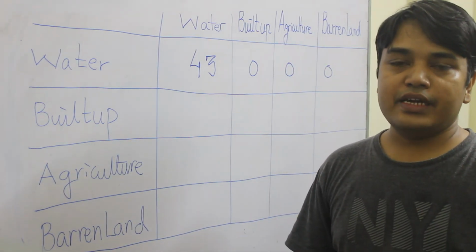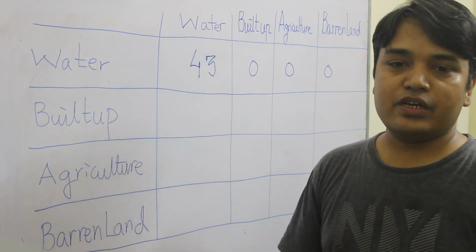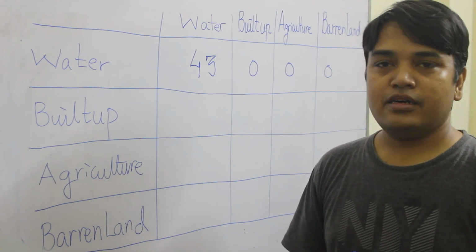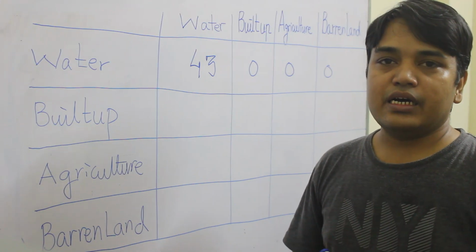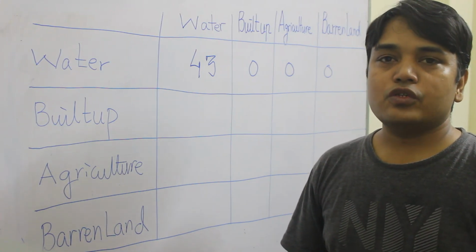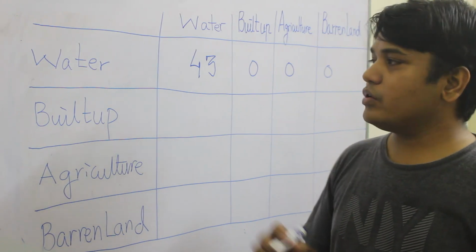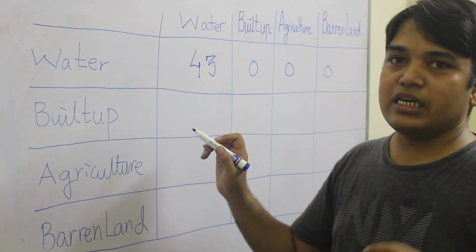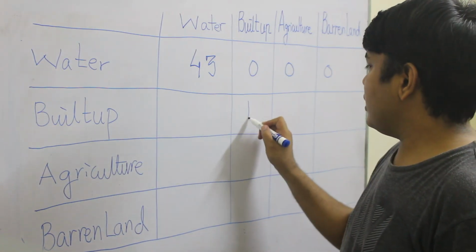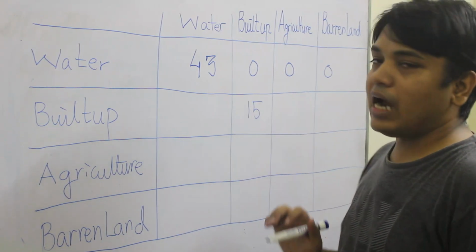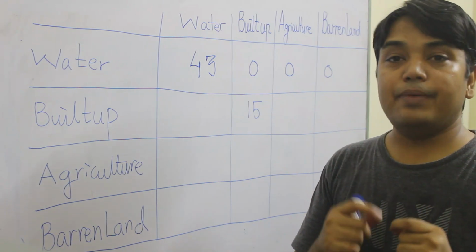Then coming to build-up, we have a total of 16 classified pixels. While classifying the image, we found that 16 were classified as build-up, but on the ground 15 were built up and one was barren land.